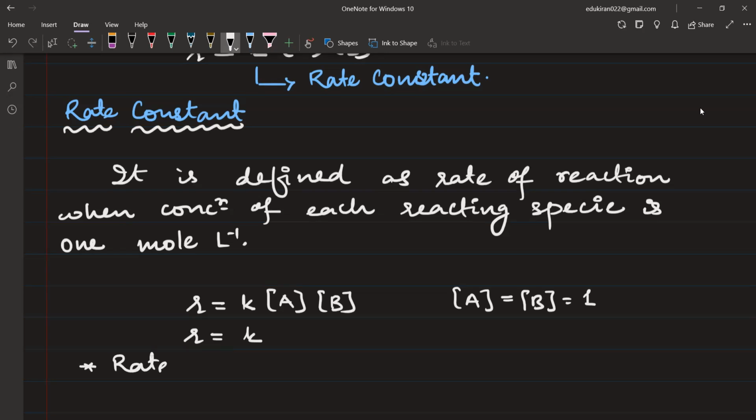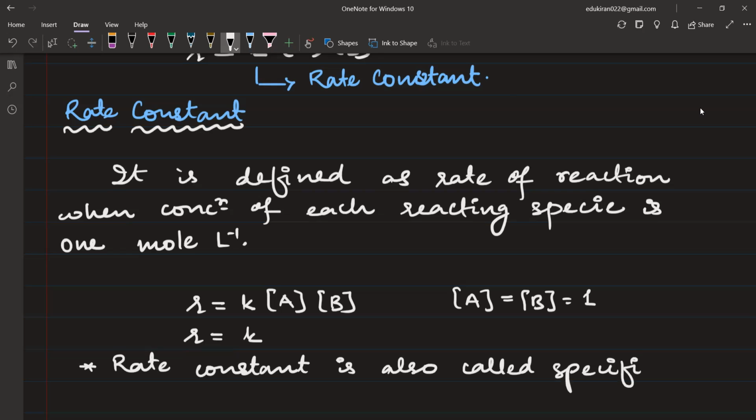Rate constant is also called specific reaction rate. Specific means at a specific concentration, right? And what is the concentration? 1 mole per liter is the concentration.